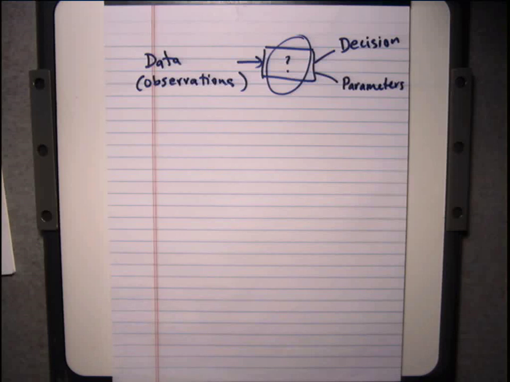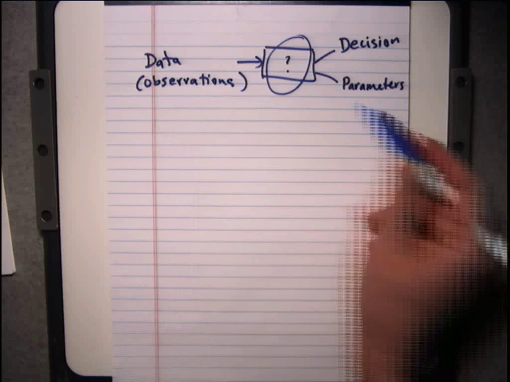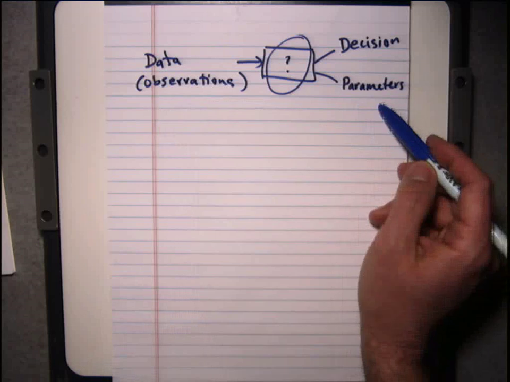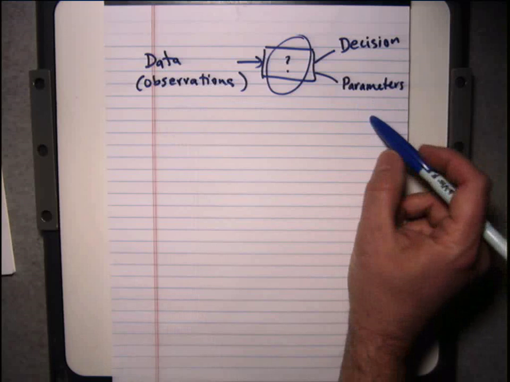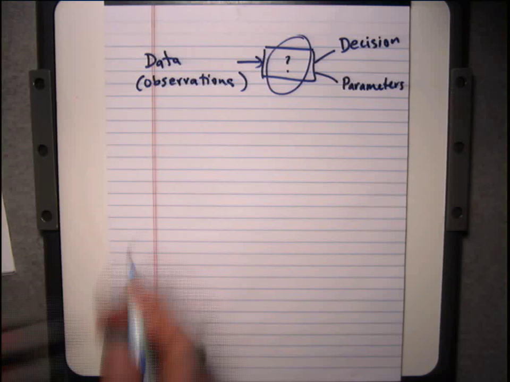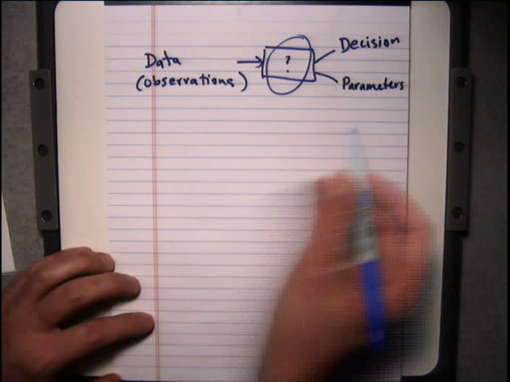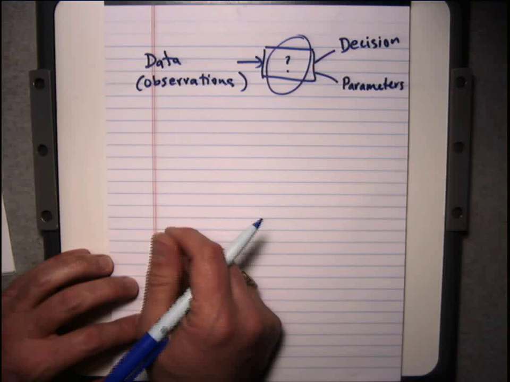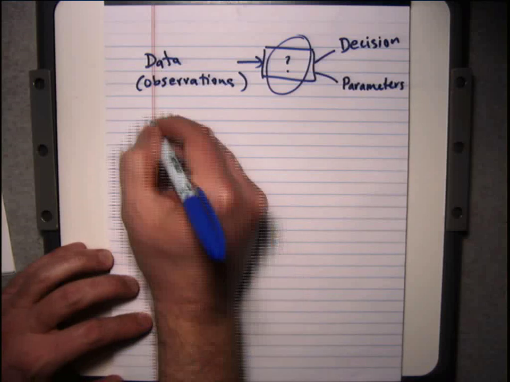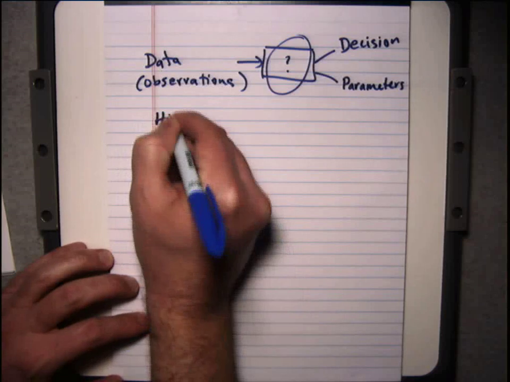Okay? How to transform data into decisions, or how to transform data into optimal estimates of certain parameters that you might be interested in. All right, so as I said, as with all of these types of things that I described, there's a sort of hierarchy of different types of problems that you can consider. So let's think of those.